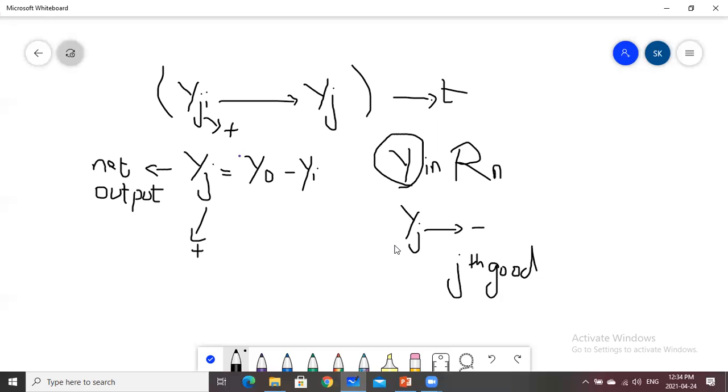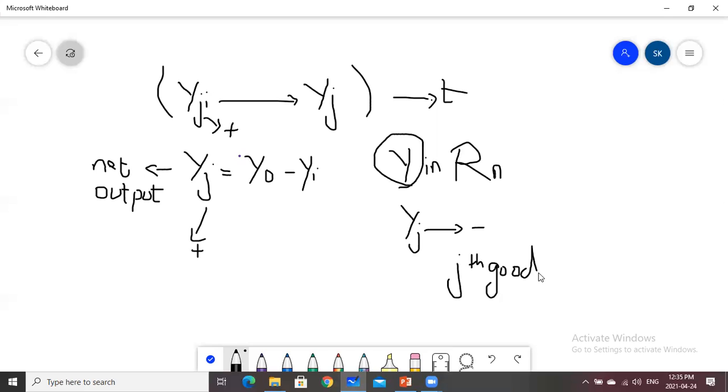Now, are you getting my point? If we have a production plan where y is the output in the Rn, yj is negative if the jth good serves as the net input, and yj is positive if the jth good serves as a net output.